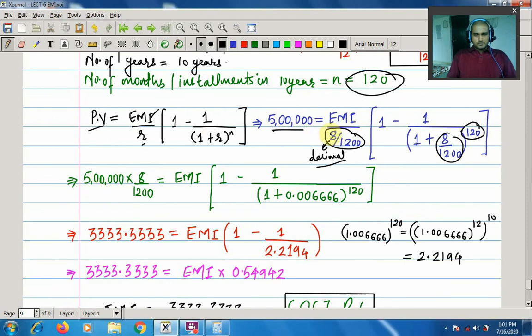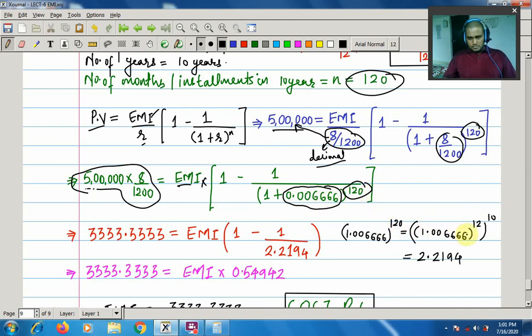So this thing I have multiplied to that side. So it is this. It is here. And EMI into 1. Here I have calculated 8 divided by 1200. It comes to 0.00666 raised to the 120th power.